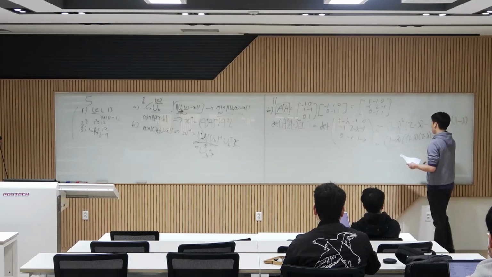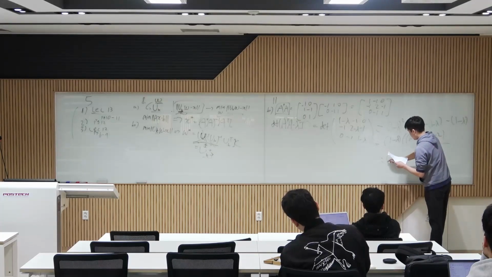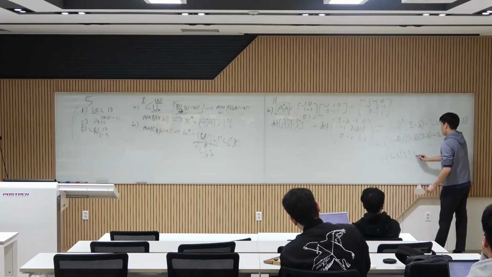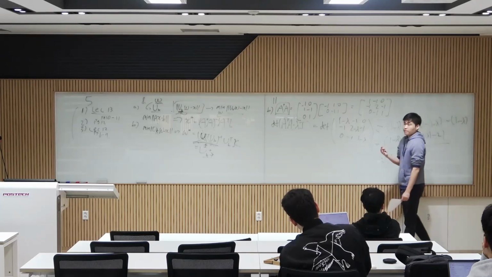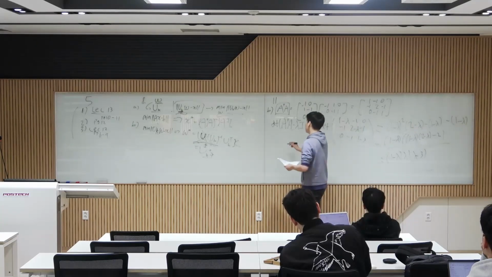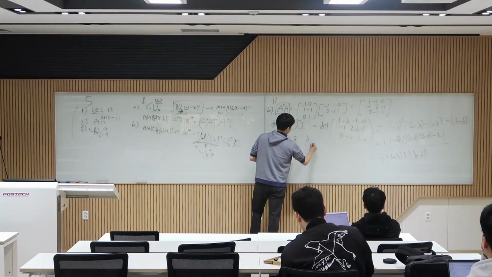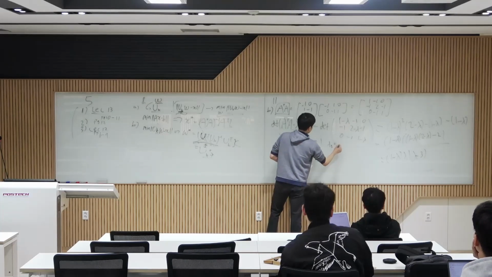Now we can get this equation, and this equation can be rewritten as 1 minus lambda, and lambda minus 3. So this basically gives 3 eigenvalues. The first eigenvalue is 3, the second is 1, and the third one is 0.